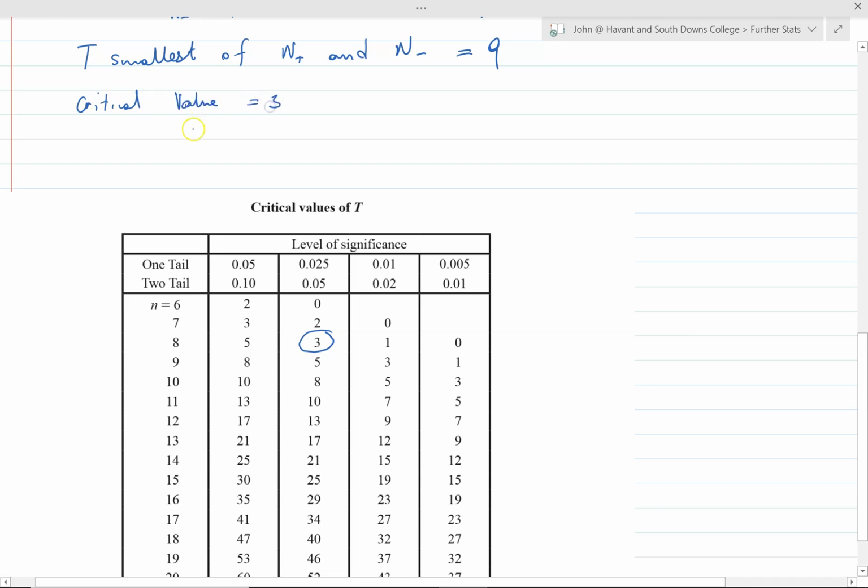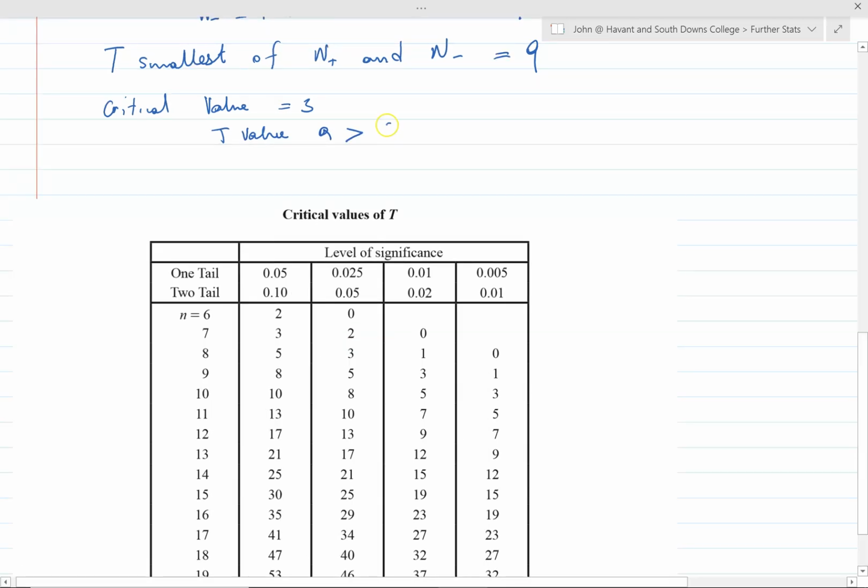Our T value, which is 9, is greater than the critical value, which is 3. So this is where it's a little bit unintuitive, and in most tests, I think, your intuition knows whether to reject H0 or not.